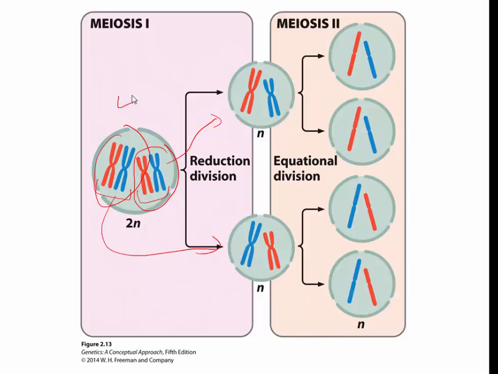So we have 4 chromosomes here, we have 2 chromosomes here, we have 2 chromosomes here. So that's a reductional division because we've reduced the number of chromosomes by half. Then these guys are going to line up a lot like mitosis. And then they end up giving 2 chromosomes, each with 1 chromatid. So here we have 4 chromosomes, 2 chromatids each, 2 chromosomes, 2 chromatids each, 2 chromosomes, 1 chromatid each.